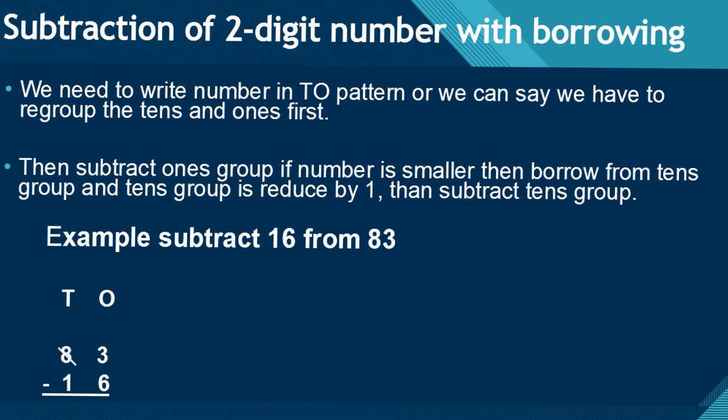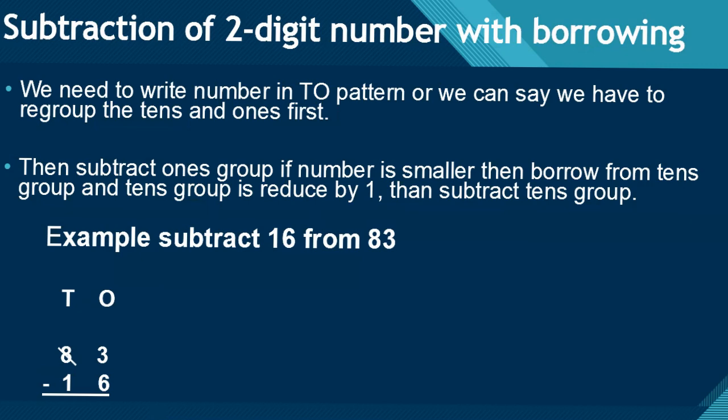Then you have to cut the 8. You see, you don't have enough chocolates to give. You need to take a borrow. So from where do you take the borrow? You take the borrow from the next group, the tens group in this particular example. The tens group number is 8.